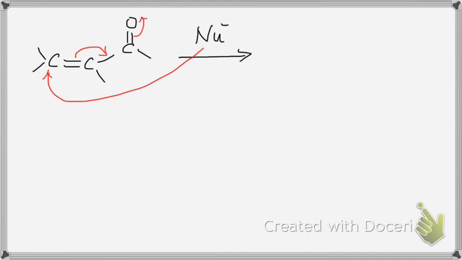For an alpha-beta unsaturated carbonyl, the nucleophile may be able to attack the beta carbon, the terminal carbon in the conjugated system. The C=C double bond will break, and the electrons will go to the carbonyl carbon, and the carbonyl C=O double bond will break.